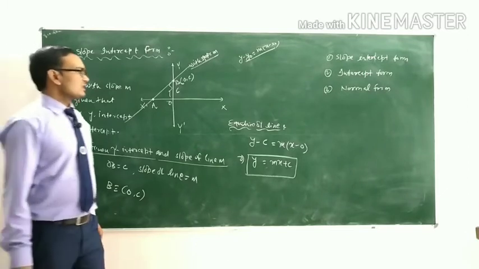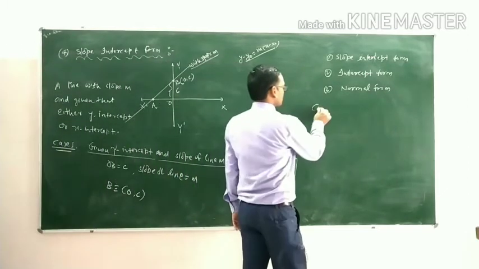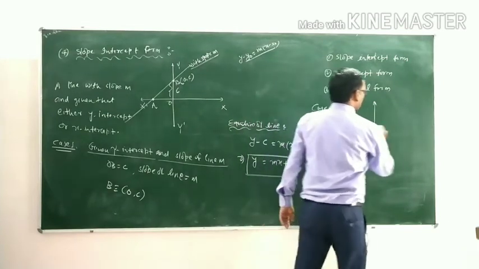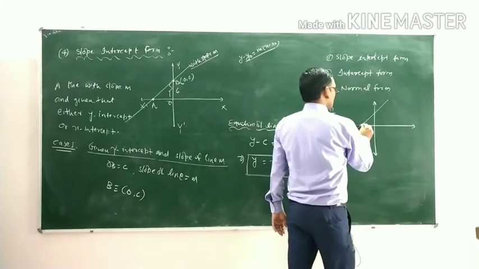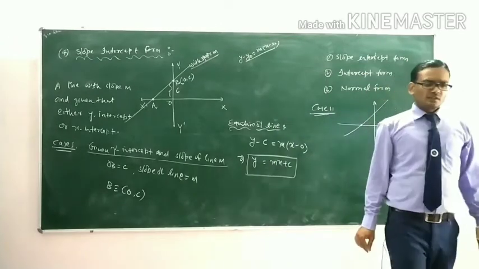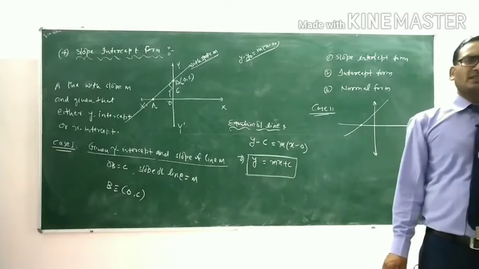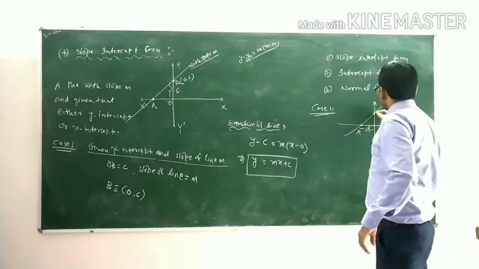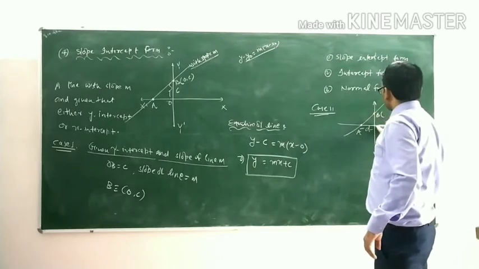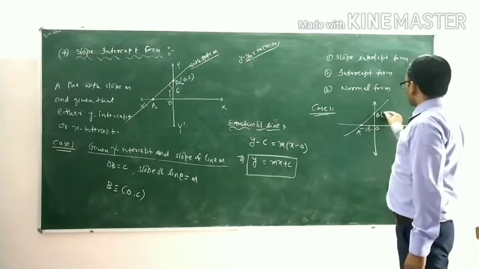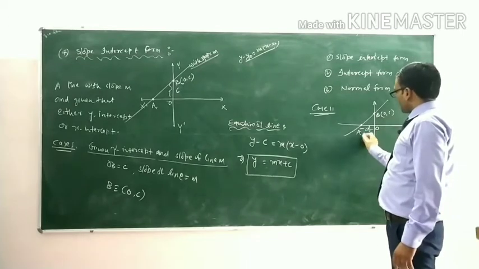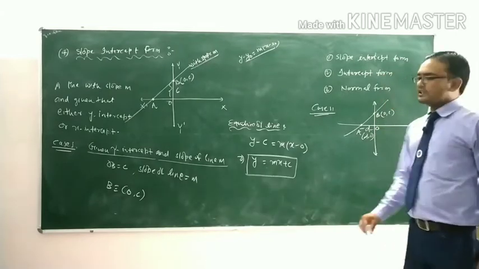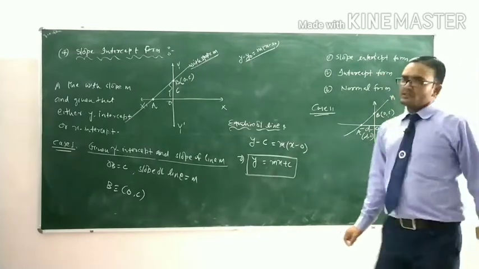Okay students, case second: if given that the x-intercept is d, this is point A, this is point B, this is point O. Here the coordinate of B is (0, c), the coordinate of A is (d, 0), and the slope of the line is m.